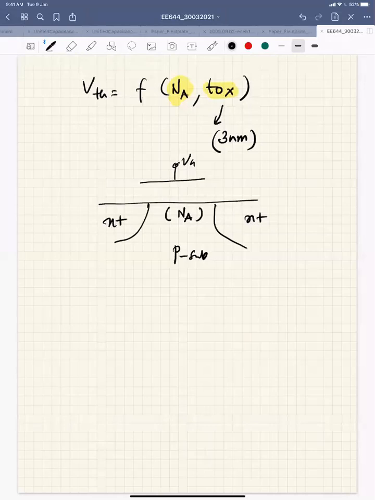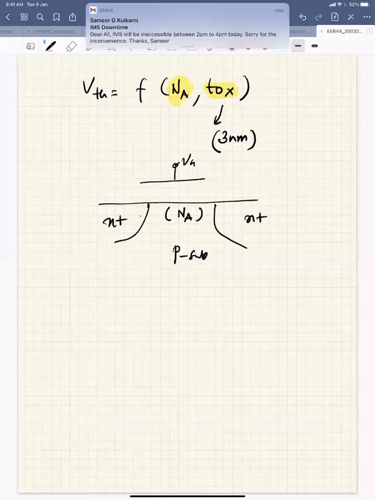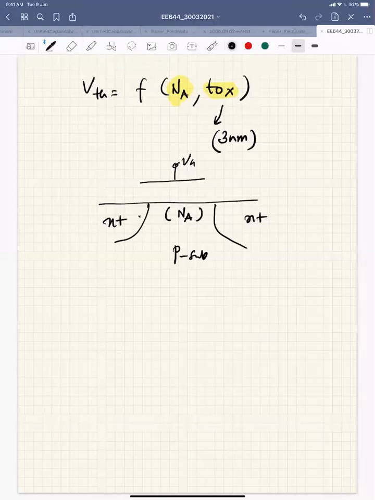The other reason is your barrier, right? Electrons are injected from source and drain into the channel, right? So there is a potential barrier between the N plus and P junction, and that barrier is higher if the doping is high.